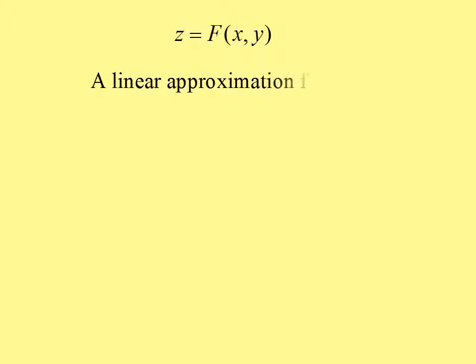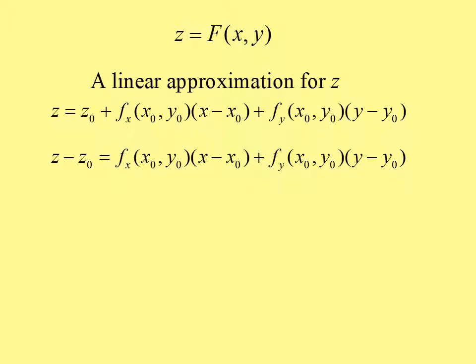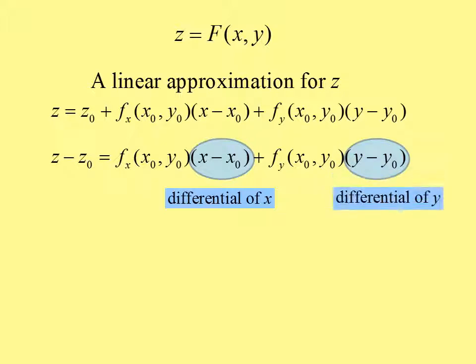So then, if we take this linear approximation for z, we can refer to the quantity x minus x naught as the differential of x, or the change in x. The term is differential. The y minus y naught is the change in y, or differential of y. The z minus z naught is the differential of z, or what is oftentimes called the total differential. So the total differential is what?